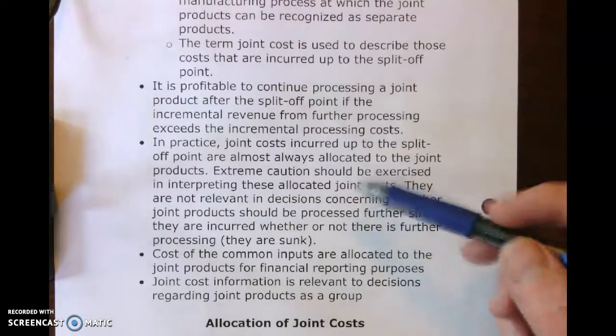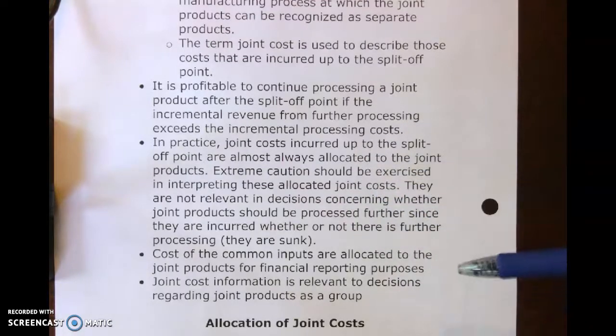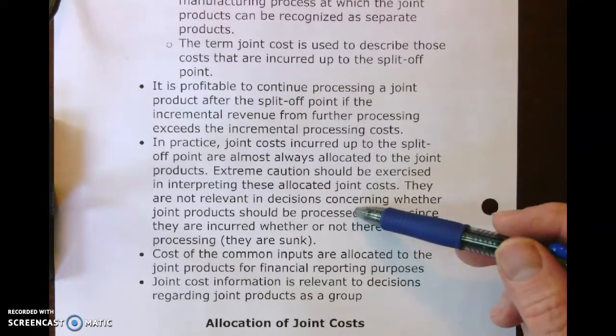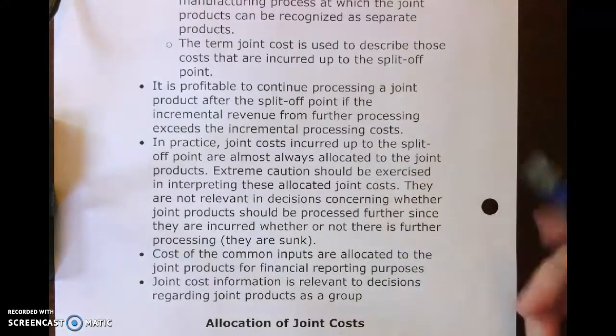And what I'm saying right over here is we have to exercise caution when interpreting joint costs. They're not relevant in decisions about whether we should further process products or just sell them as they are.